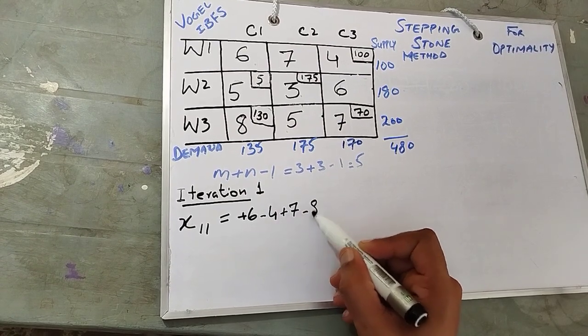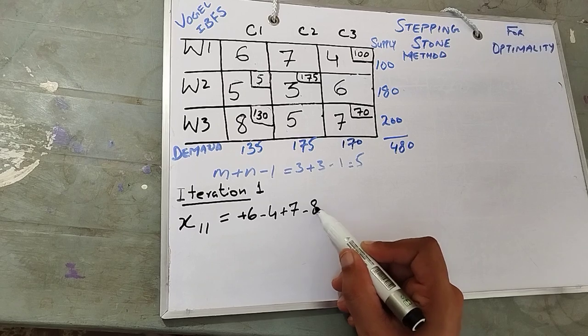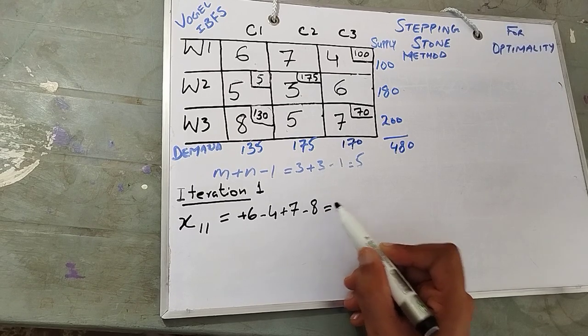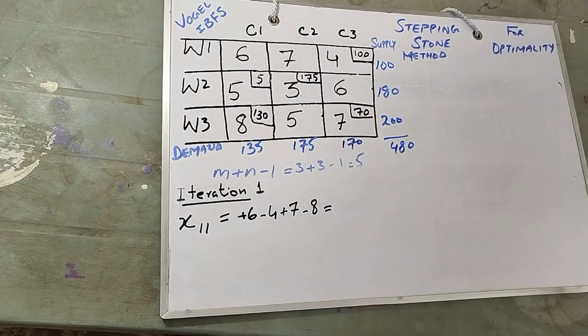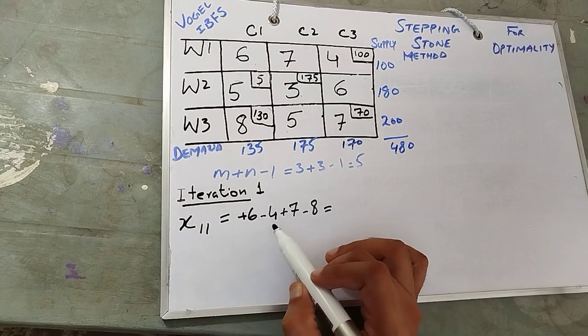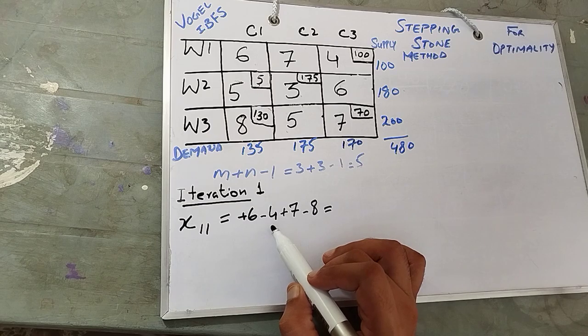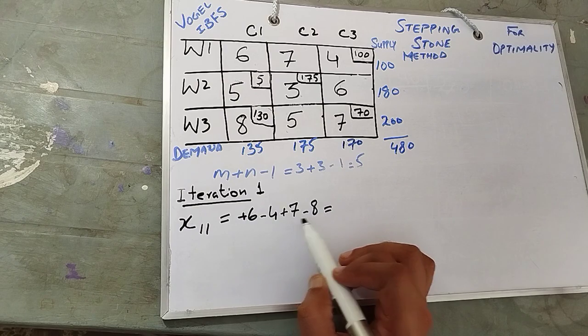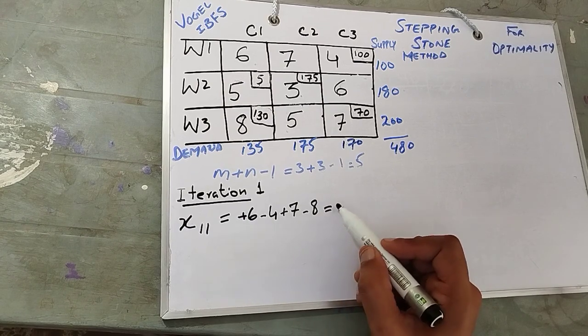minus 8, and that's it. We always need to find the total cost of x11 with the different stepping stones: plus 6 minus 4 plus 7 minus 8, which gives plus 1.